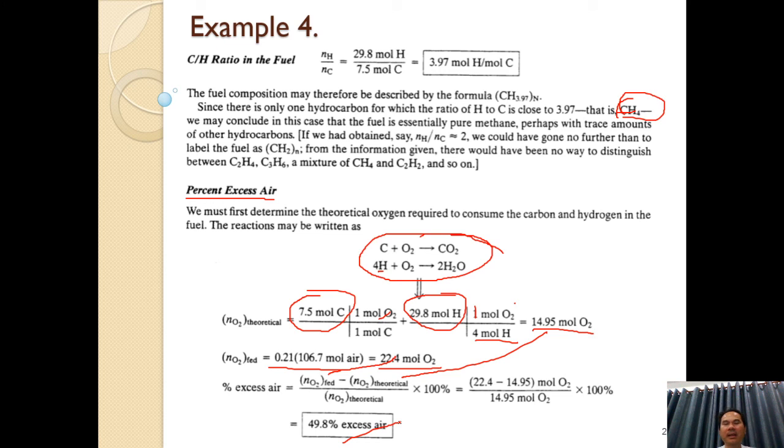Okay. For this case, in example 3 and example 4, I talked to you about examples for the material balance and the combustion reaction. Over 4 or 5 weeks, I talked to you about the material balance. First, we talked about the general material balance: integral balance, differential balance, and also batch process, continuous process.